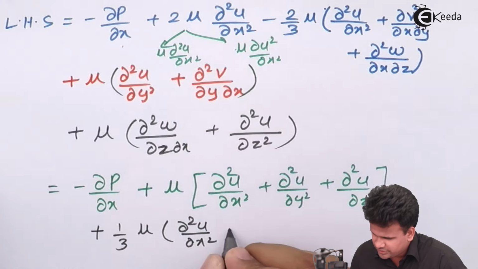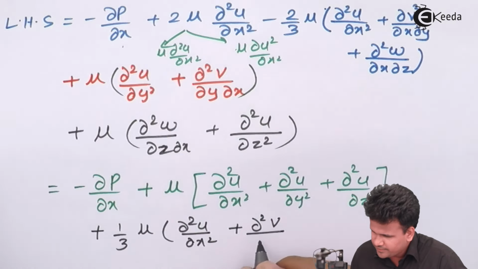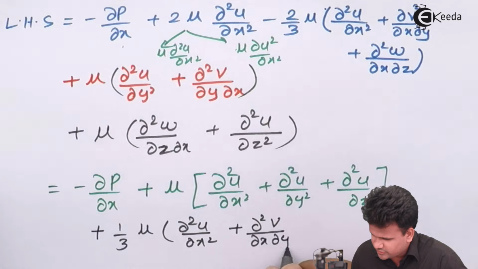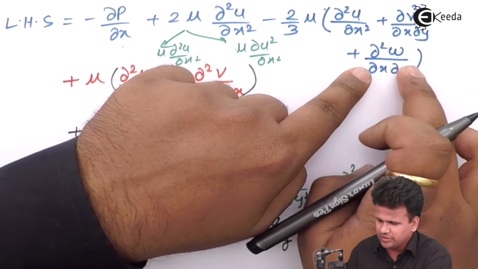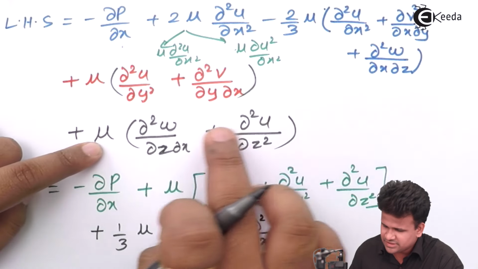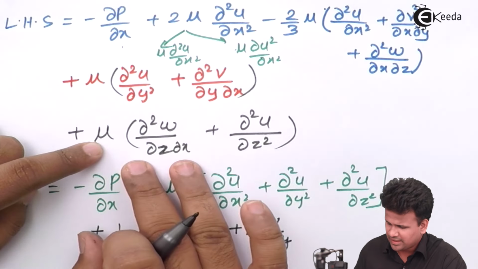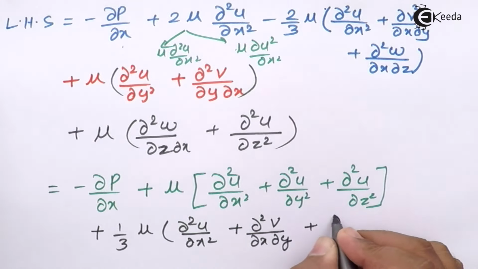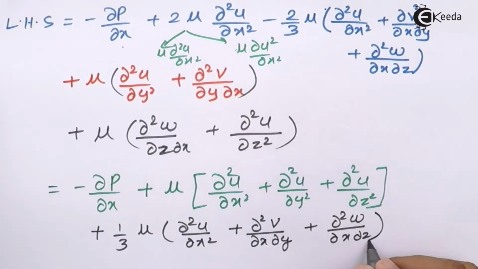So we can write over here plus 1 upon 3, that is dou square v upon dou x dou y. And then the last term over here, this is minus 2 by 3 mu into this term, and this is just this term over here. So this term can be written as plus dou square w upon dou x dou z, or dou z dou x, it doesn't matter. So we have got all these three terms.